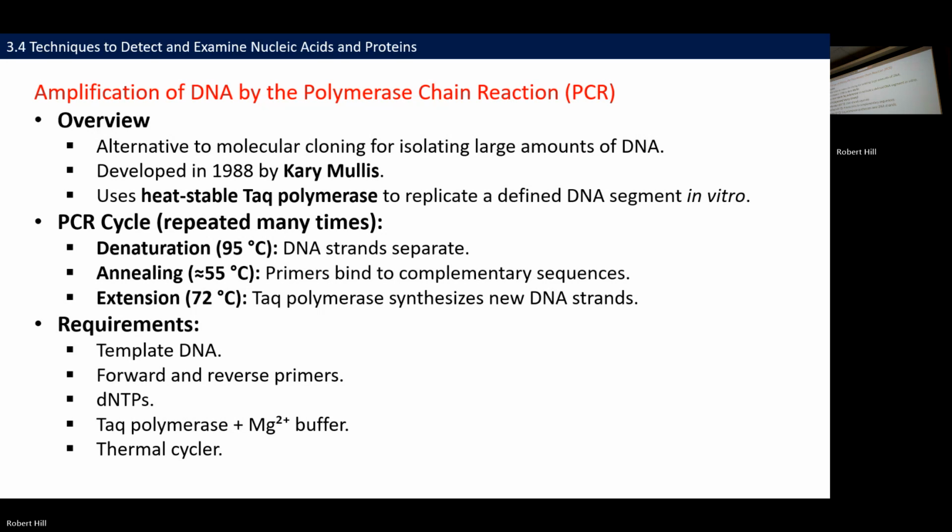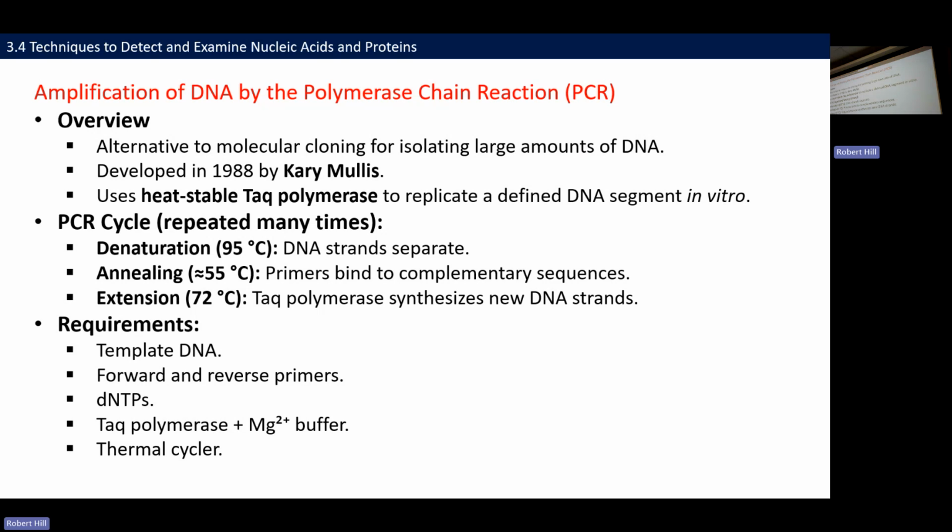Okay. Now, this in vitro synthetic DNA replication was done for many years before 1988, but it was a real pain to do. To do synthetic DNA replication, you basically have to do 3 things. First, you have to denature the DNA. What that means is you have to expose the DNA to a particular temperature, which is typically 95 degrees Celsius.